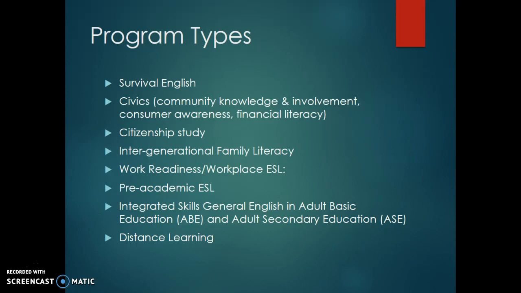Work readiness and workplace ESL, pre-academic ESL, and the integrated skills, which pre-academic ESL would be just kind of basic conversation, basic literacy, basic fluency, but not really geared towards moving up towards, say, a high school diploma in English. When a learner decides to do that, then they're getting into adult basic education and secondary ed. And then there's also distance learning, teaching online, where these screencast-o-matics could be a very powerful teaching tool.